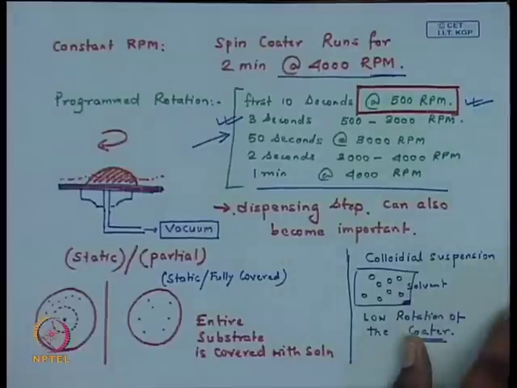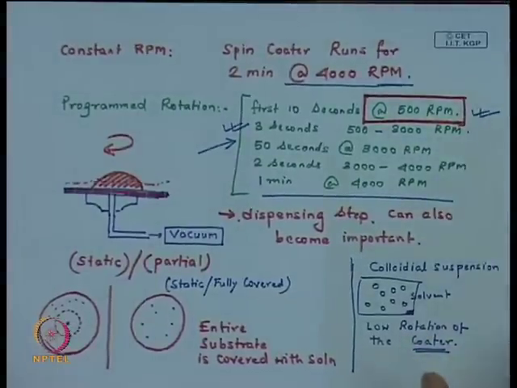This significantly helps in preventing the agglomeration of the particles at some preferred location, particularly at locations where the initial drop or drops were dispensed. So, these are some of the areas in which a programmable spin coater might be useful.